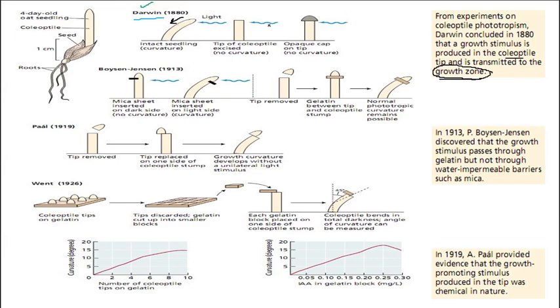Now this agar block has been cut into a few equal pieces. And one of these pieces is placed onto a decapitated coleoptile. Decapitated means the tip was previously removed.